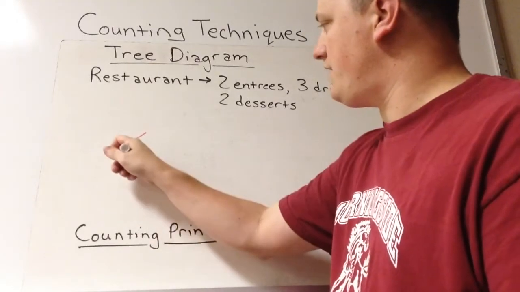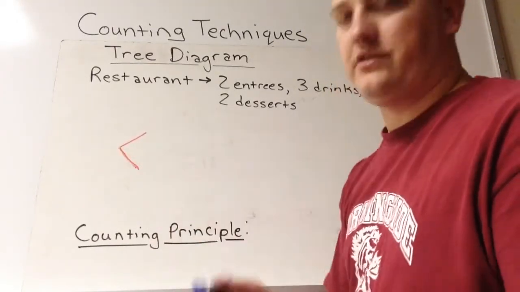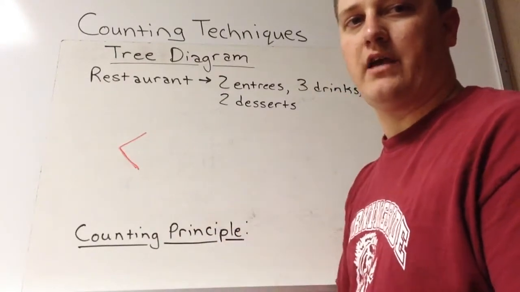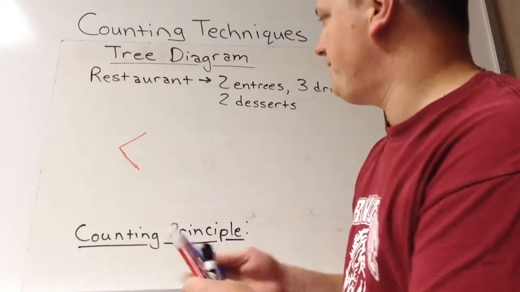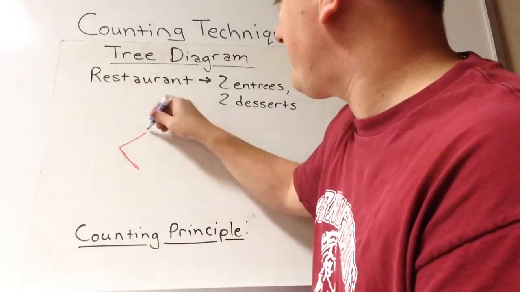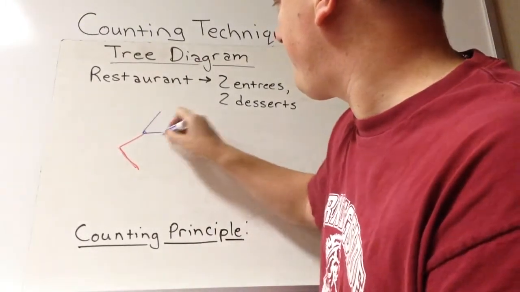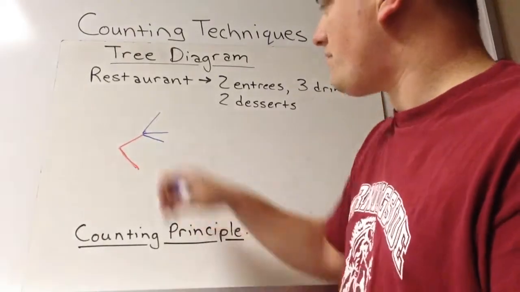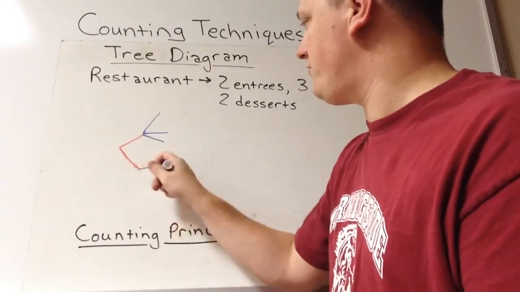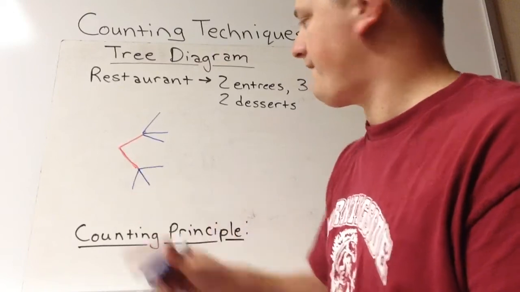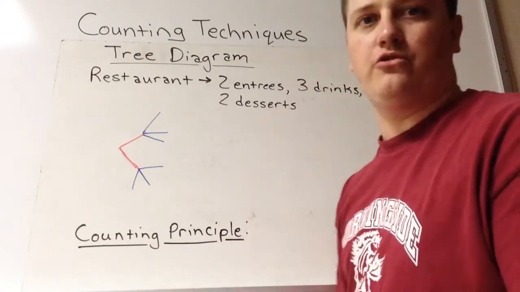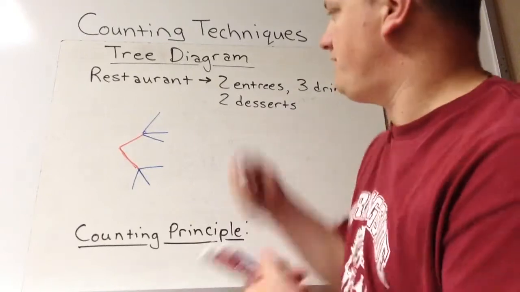So we're just going to make 2 branches of the tree, and then we can choose 3 different drinks after we choose our 2 entrees. So we have 3 branches off of each branch, and then after we choose our drinks, we can choose 2 desserts from each of those.